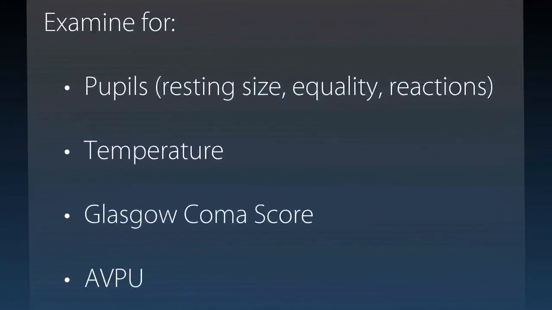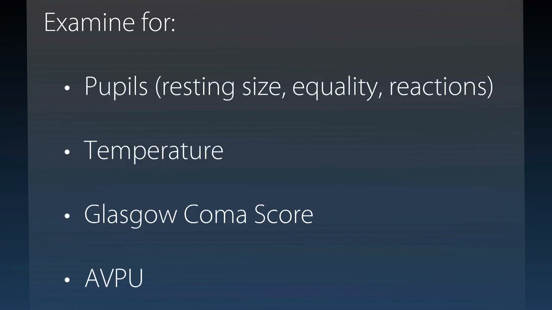Disability is the next section, which is moved on to after circulation, and the critical things for measuring are the pupil size, which can give you a clue as to what's going on within the brain or any drugs that the patient has taken, the patient's temperature, giving them an idea of the exposure they've had and whether they're hyper or hypothermic, and their degree of consciousness, either measured using the Glasgow Coma score or using the AVPU score.